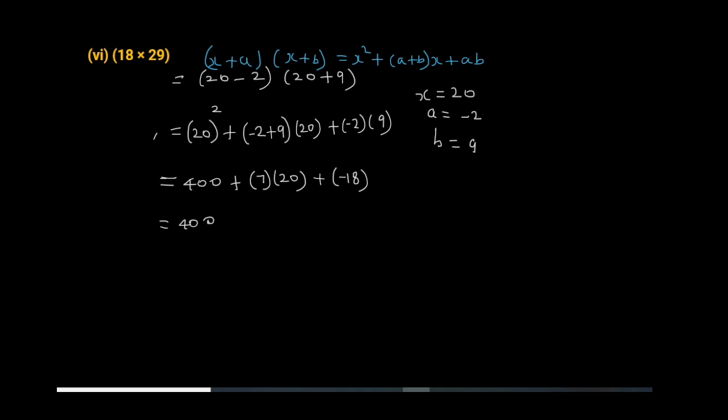So 400 plus 140 minus 18. 400 plus 140, 540. 540 minus 18 will give 522. So the answer is 522.